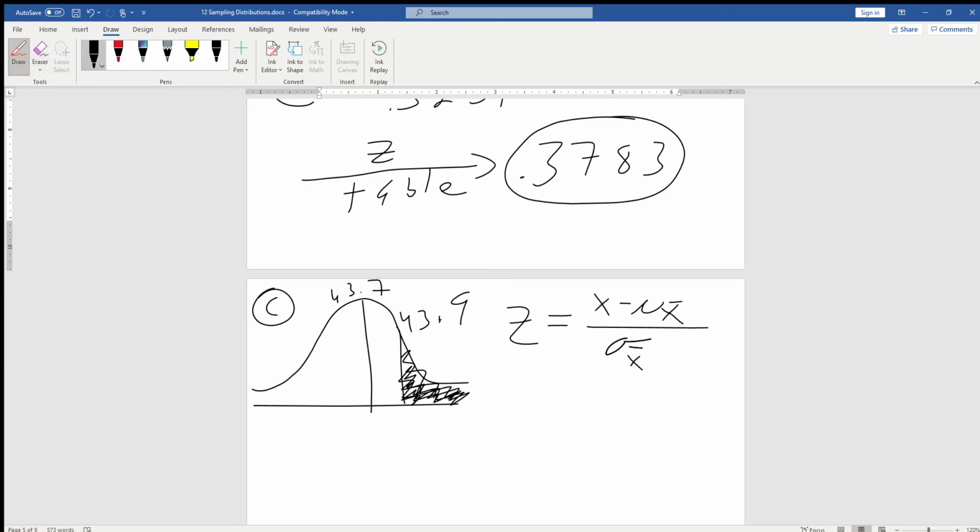We'll get rid of that and draw it again. There we go. So in this case, z is equal to 43.9 minus 43.7, divided by 0.3231. Now, let's figure out what that is. We put that into our calculator and I got 0.62.